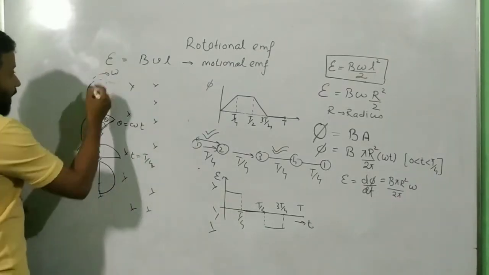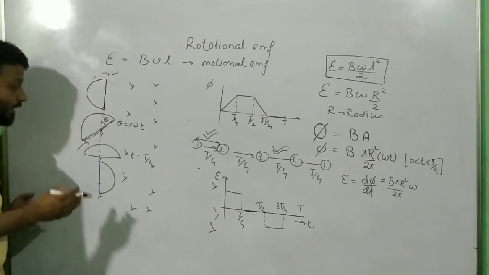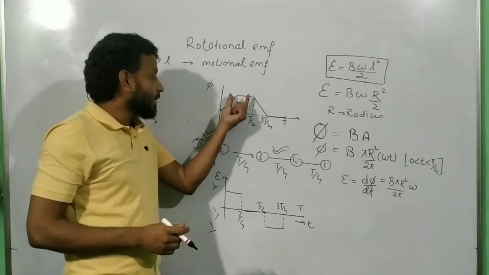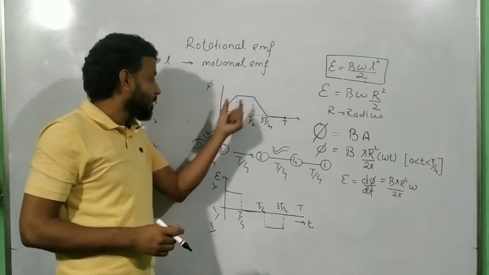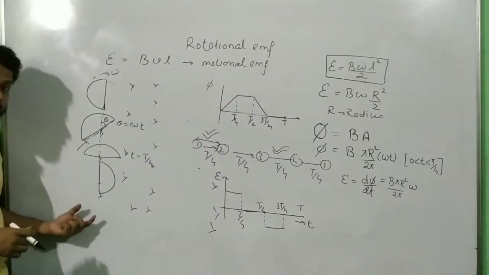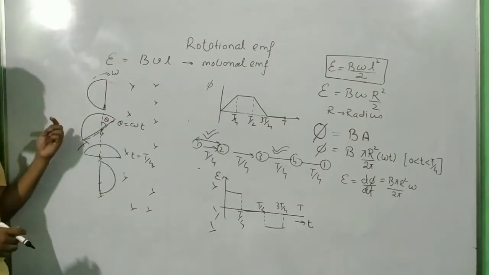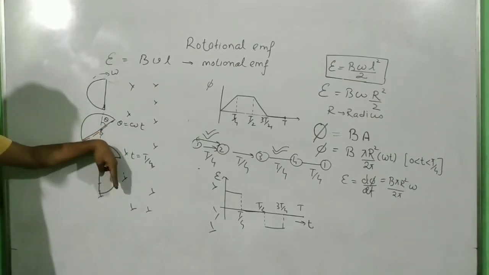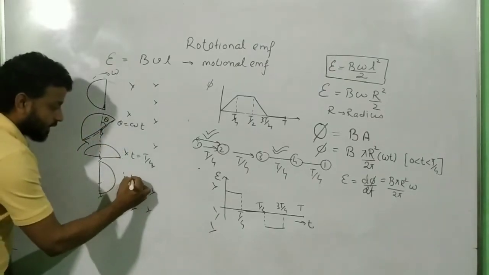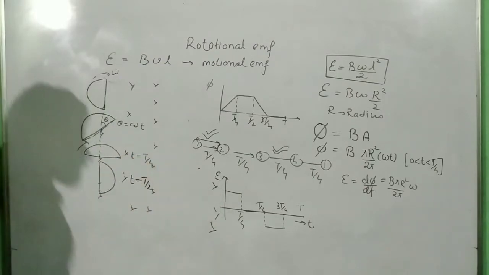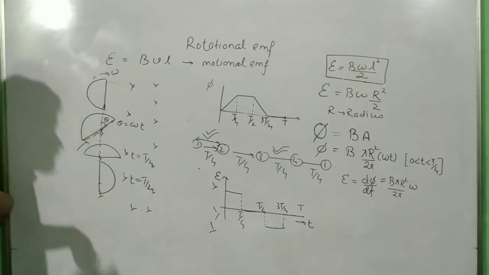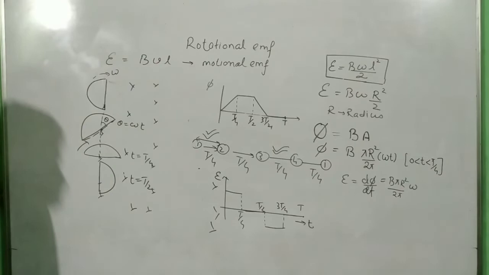So unlike the previous case, where we got some region when we attained the maximum flux and that flux remained for some time, that is not going to happen when we take a semicircle. The flux will increase till T by 2, and then immediately starts decreasing after T by 2, and it will take another T by 2 time to completely decrease to become 0.